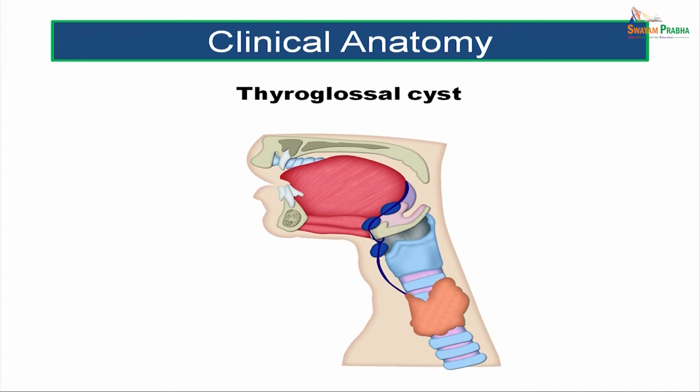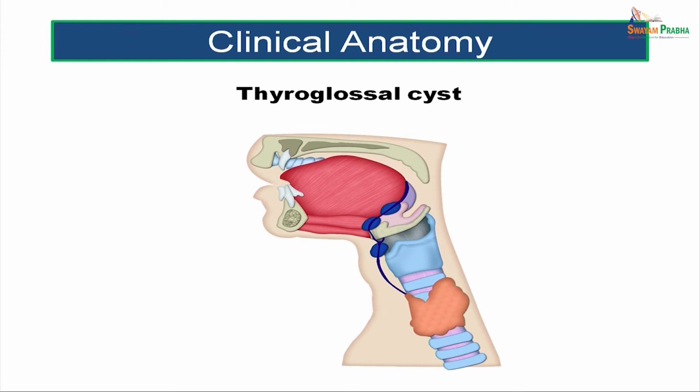If the thyroglossal duct does not disappear, the upper end remains as the foramen cecum, which is present at the junction of the anterior 2/3 and posterior 1/3 of the tongue.